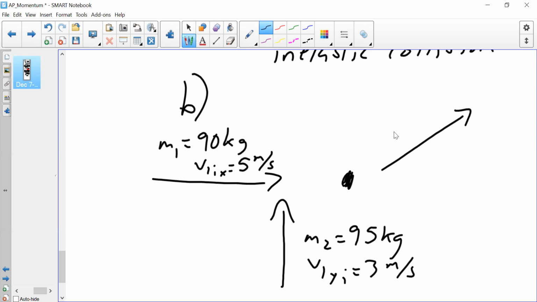Okay, so we have the final momentum there. So after the collision, right, we got that momentum going.